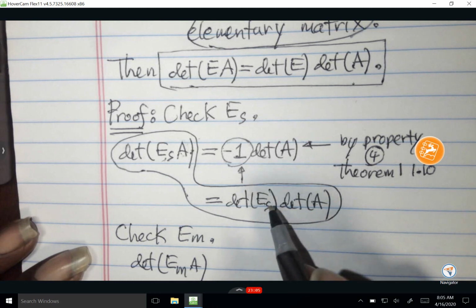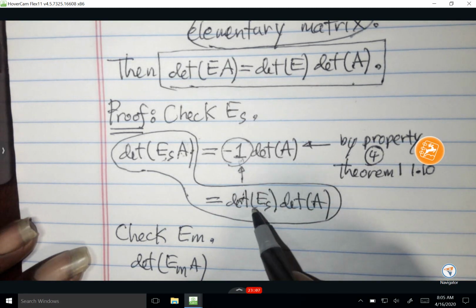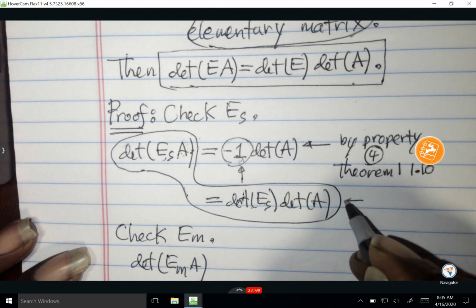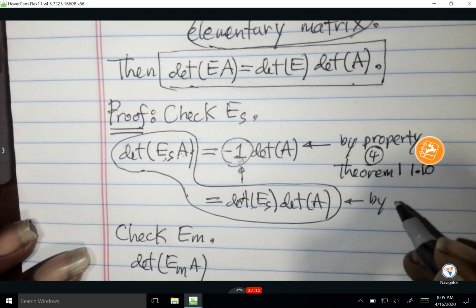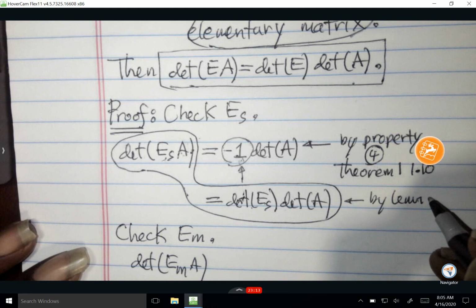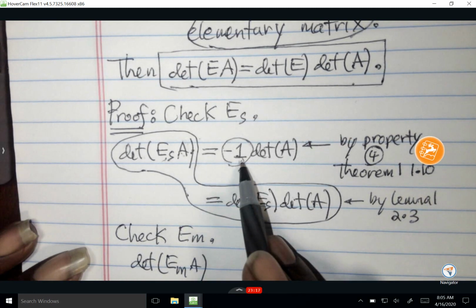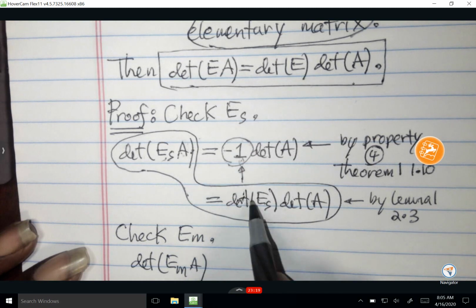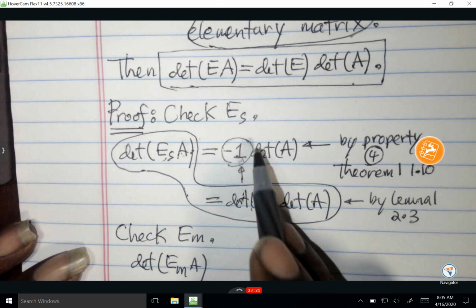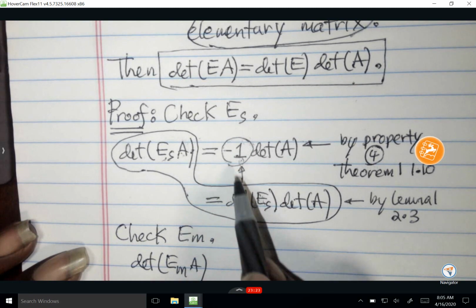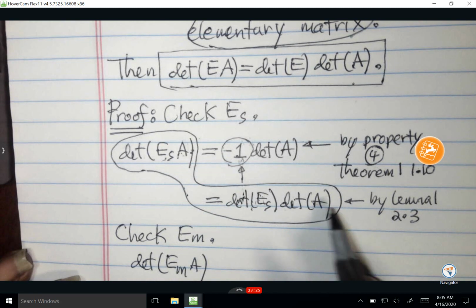And let's give a reason to this last step. Remember, this one's by Lemma 1 in 2.3, the section we're in now. The reason why minus 1 is that number.